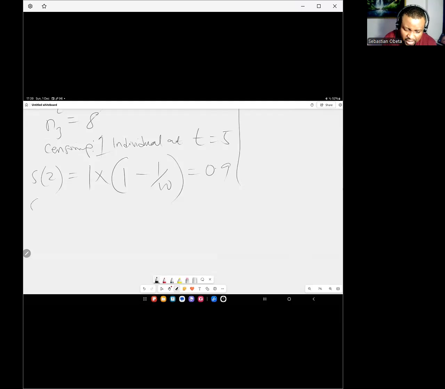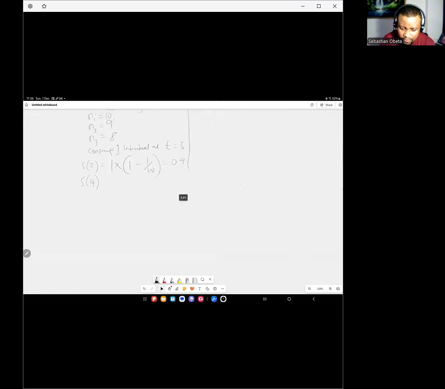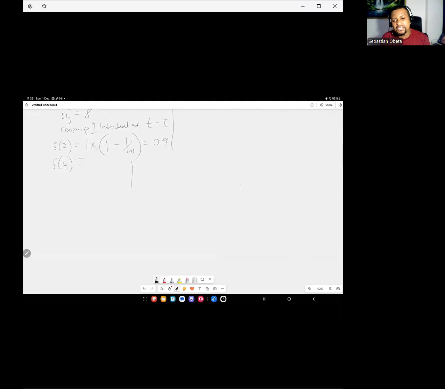Okay, so if we want to look at S at 4, remember, the event times that we have are 2, 4, 6. So for event time 4, we're going to have 0.9, which we got from the first event, multiplied by the probability of survival. This will give us 0.8.